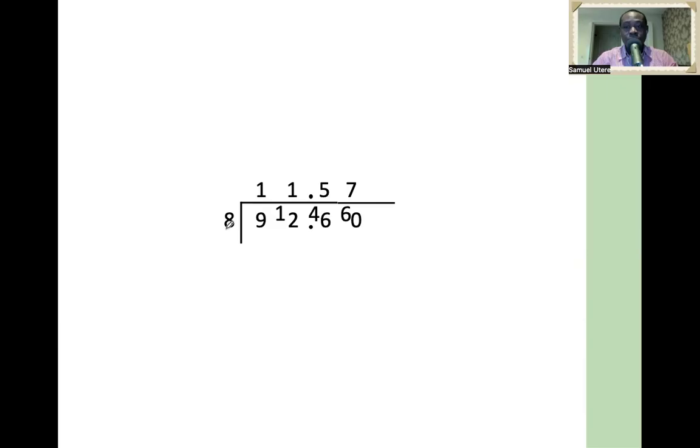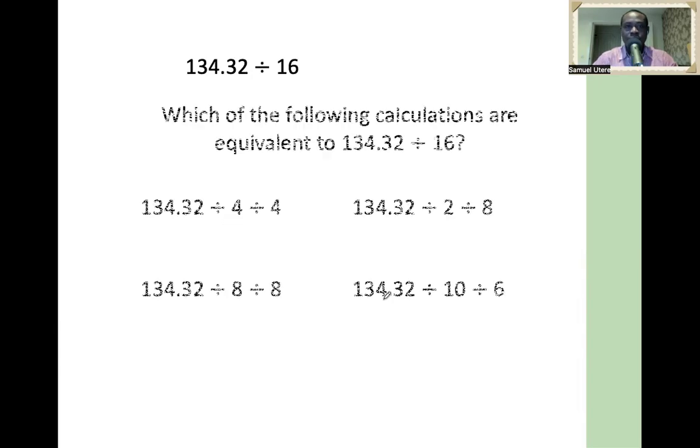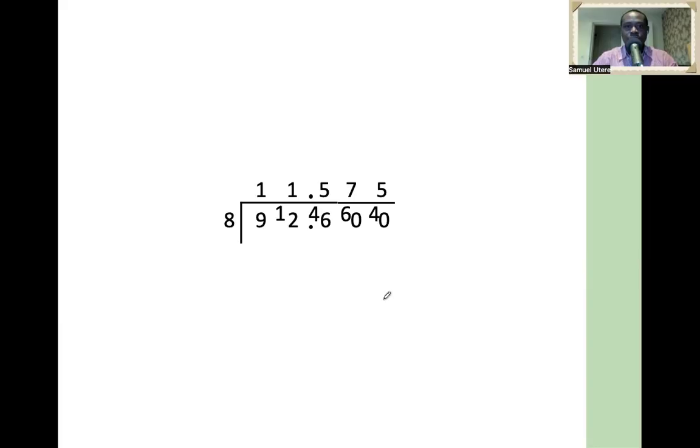So we're trying to work out the remainder. That's why I'm doing this. 60 minus 56 is 4. Where do I put the 4? I need to put more zeros. So I'll put the 4 there. 40 divided by 8 is 5. There is no longer a remainder, so that is our answer. Our answer is right there, 11.575.